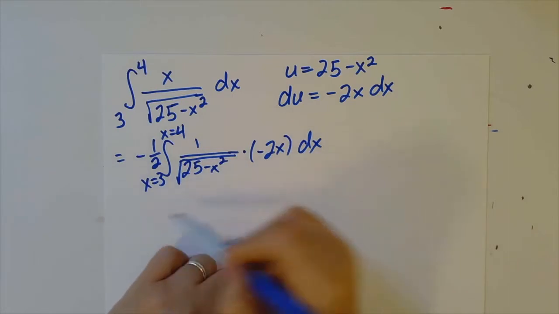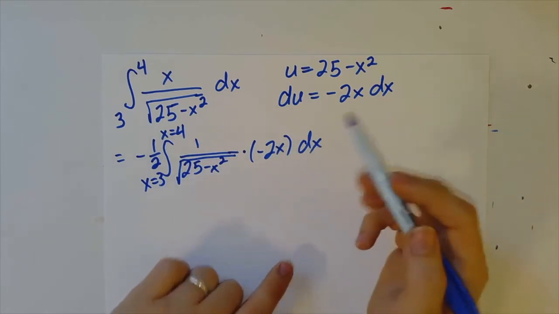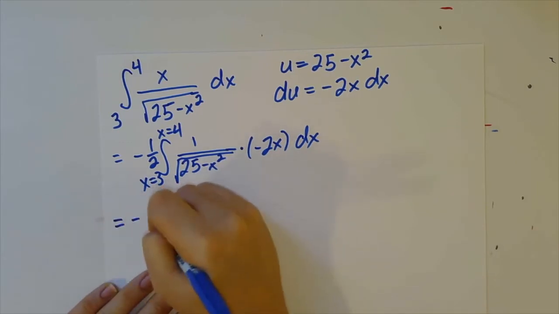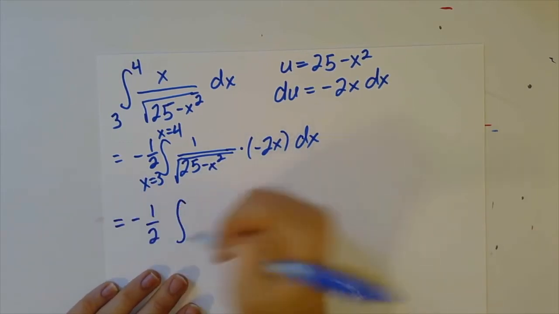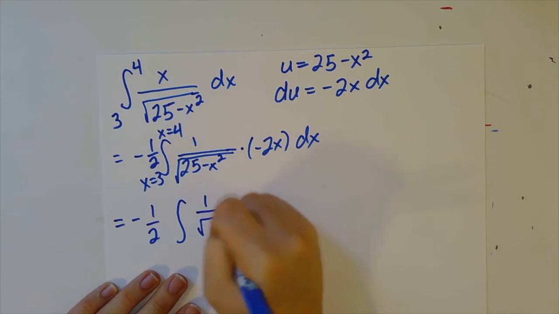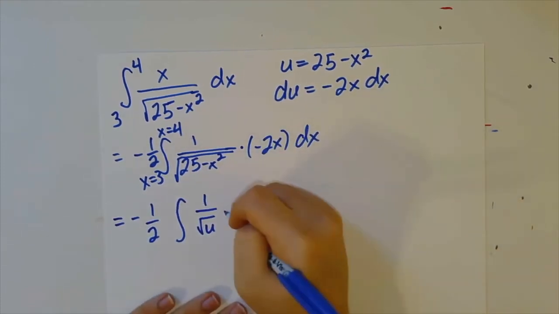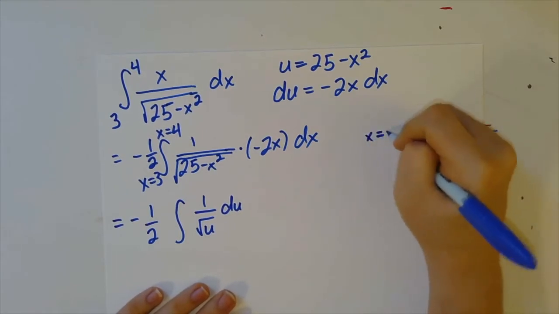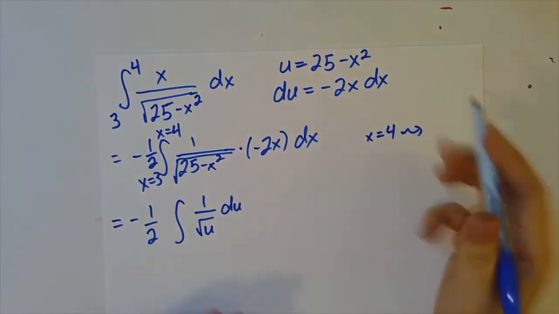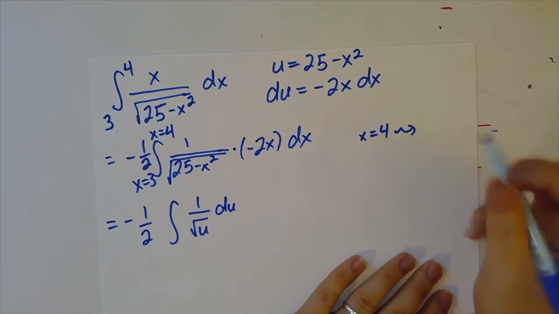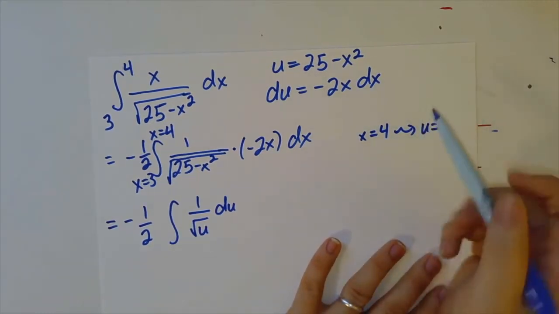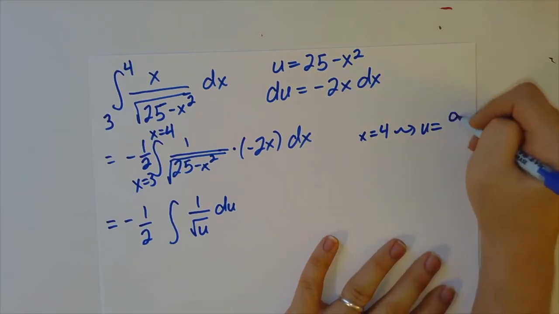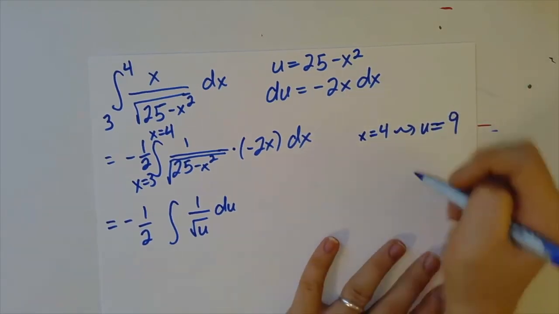Okay, and now I'm set to translate everything. So this is equal now to minus 1/2 times the integral of 1 over the square root of u du. Okay, and so x equals 4 gets translated to u equals 25 minus 16, which is u equals 9.